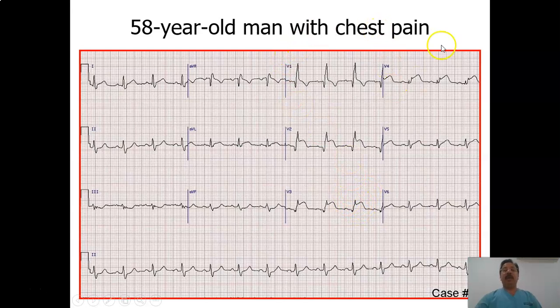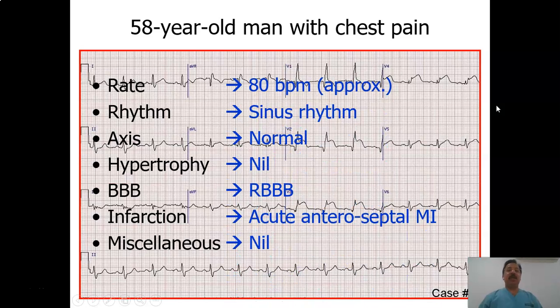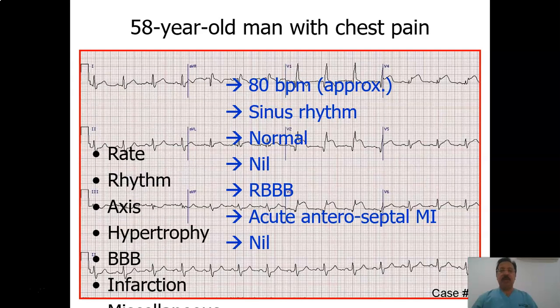The patient is symptomatic, with chest pain, so this is significant. Our findings can be summarized as: the rate is approximately 80 beats per minute, normal sinus rhythm, normal axis, no hypertrophy, right bundle branch block is there, and there is acute anteroseptal myocardial infarction. As far as the miscellaneous is concerned, nothing specific except that the patient is symptomatic. So this is your acute anteroseptal myocardial infarction.